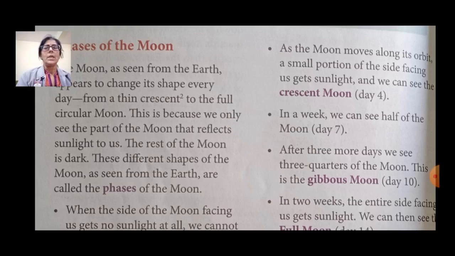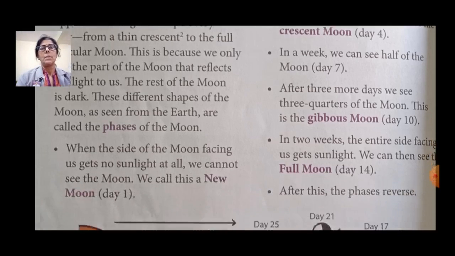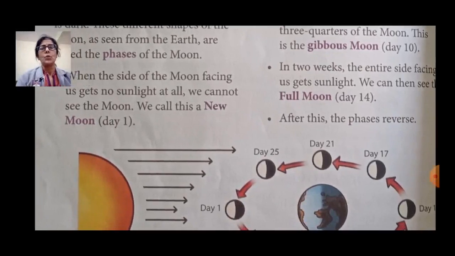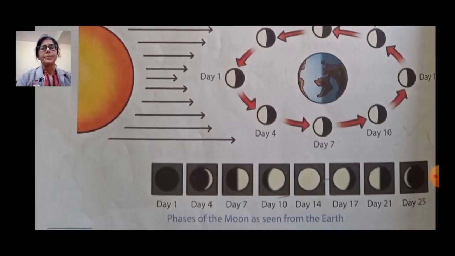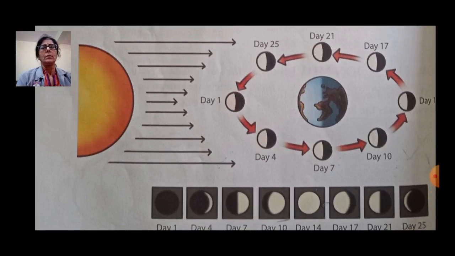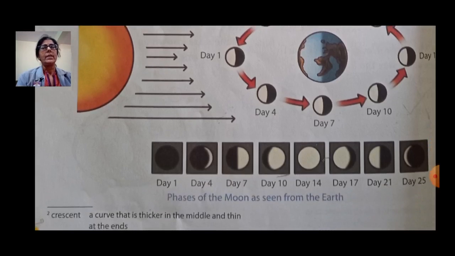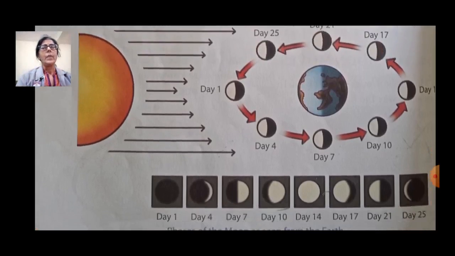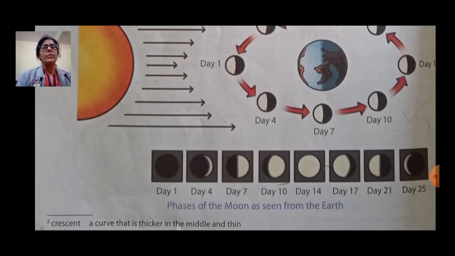The rest of the moon is dark, and these different shapes of the moon as seen from the earth are called the phases of the moon. Here you can see in the picture, children, the phases of the moon are shown. Sun reflects its light, and how does it look on the second day, then fourth day, seventh day, 10th day, right? Phases of the moon as seen from the earth.